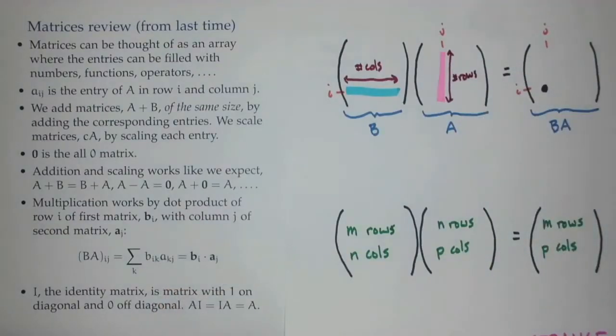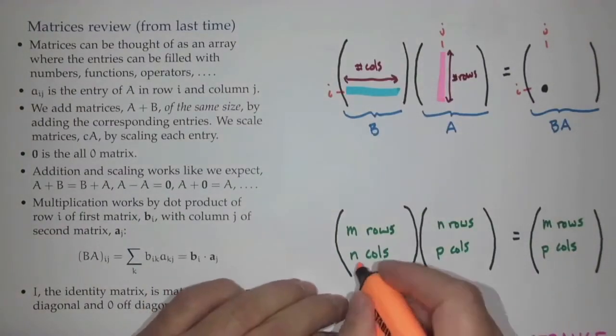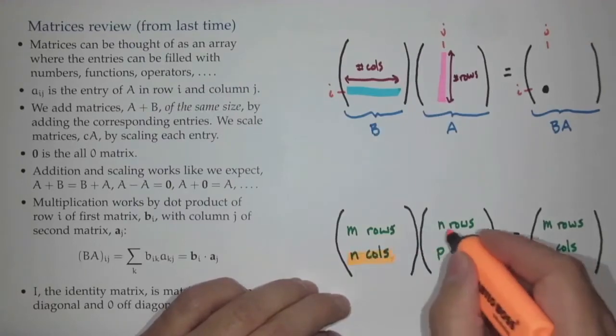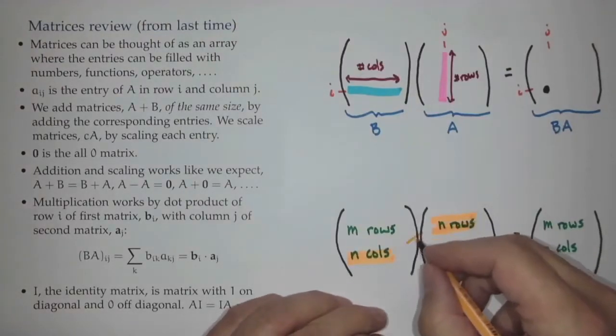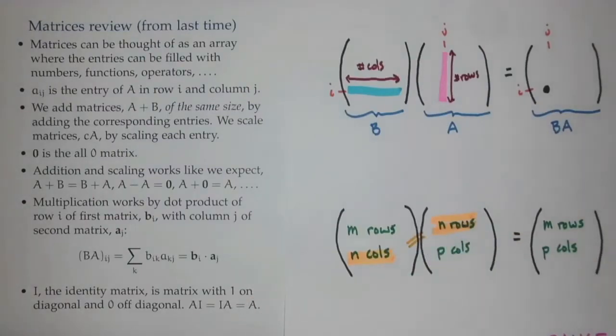And so what we have to have is that when we're multiplying two matrices together, and this is what you see below here, the number of columns in the first matrix has to match the number of rows in the second matrix. So these have to be the same. If these two numbers are not the same, then forget it. You can't do multiplication.